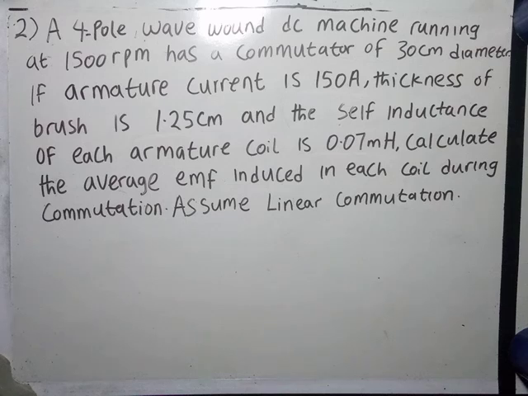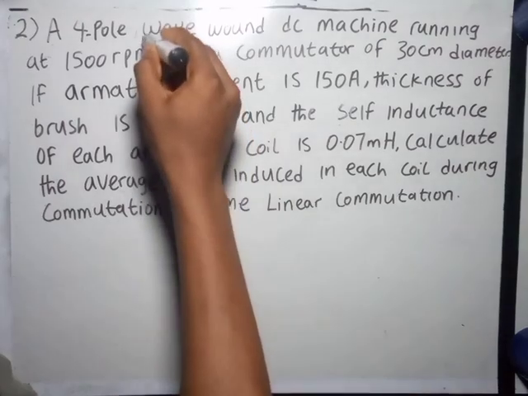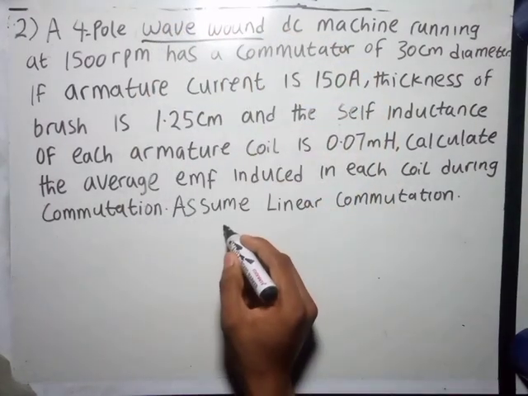If armature current is 150 ampere, thickness of brush is 1.2 centimeter, and the self-inductance of each armature coil is 0.07 millihenry, calculate the average EMF induced in each coil during commutation. Assume linear commutation. Now we are told wave, so let us always watch out for those phrases.